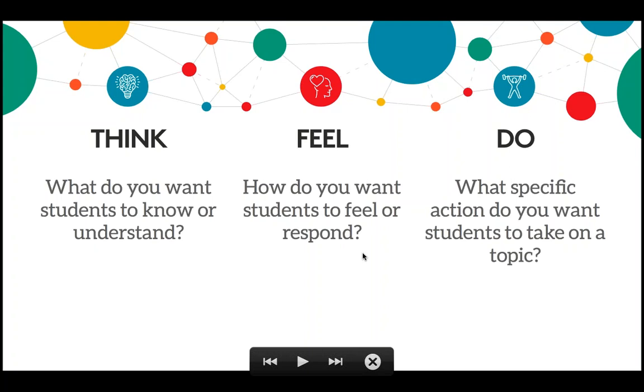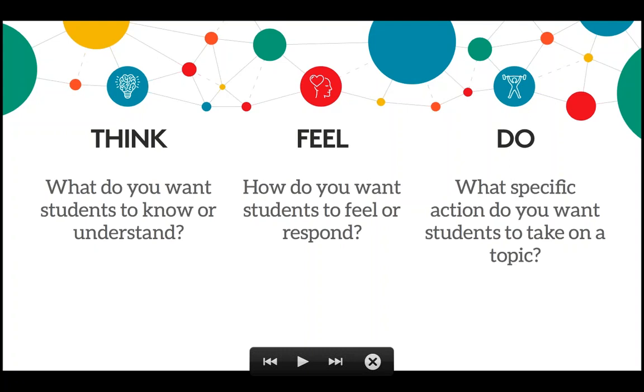And then there's the do, which I think is important in our sector: what actions or processes do you want students to take on, relating to a certain topic? So far we want objectives with good action verbs that can be measured or verified, and that cover what students understand, how they respond, or what actions they take.